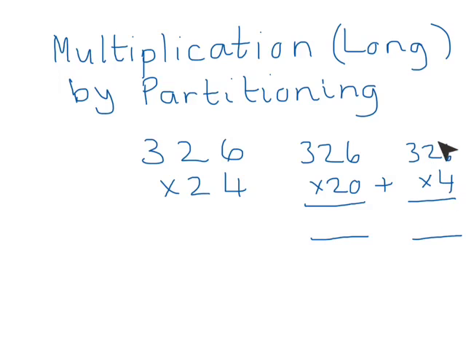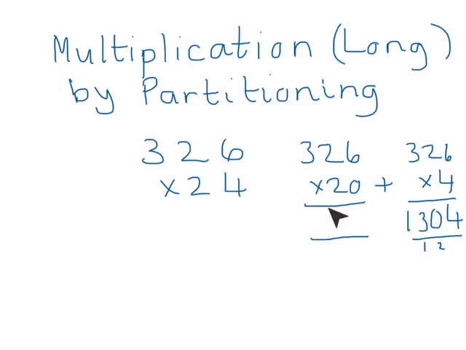I'm going to do 4 times 326 in the usual way. 4 times 6 is 24. 4 times 2 is 8, and 2 is 10. And 4 times 3 is 12, and 1 is 13. It's 1,304.